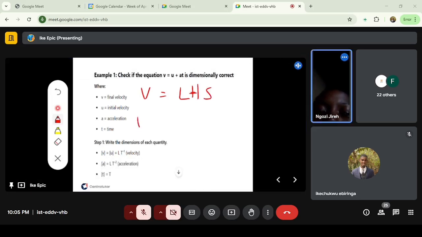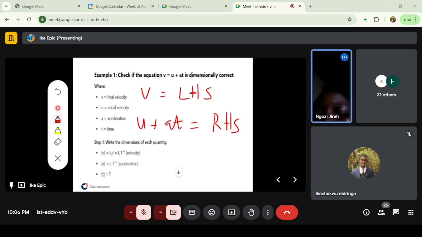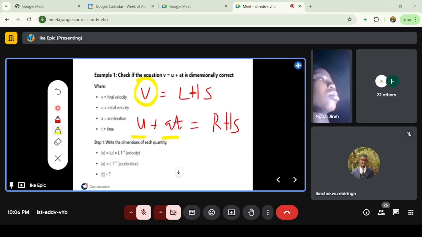Then we have U plus AT as the expression for our right hand side, which is divided into two independent units, U and AT. If the same thing happens on the left hand side, with a plus sign dividing the parameters, you will still do the same thing.